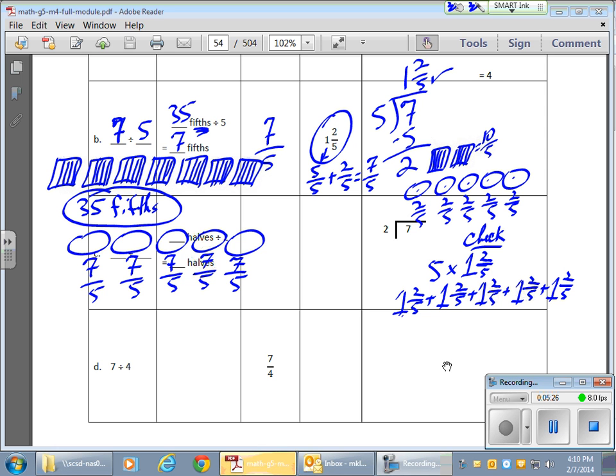If I add up all my whole numbers, I get 5. If I add up all my fractions, 2, 4, 6, 8, 10, that gives me 10/5. And 10/5 is equal to 2 wholes. 5 plus 2 gives me 7. And that checks out pretty well. That matches, and we are good to go.